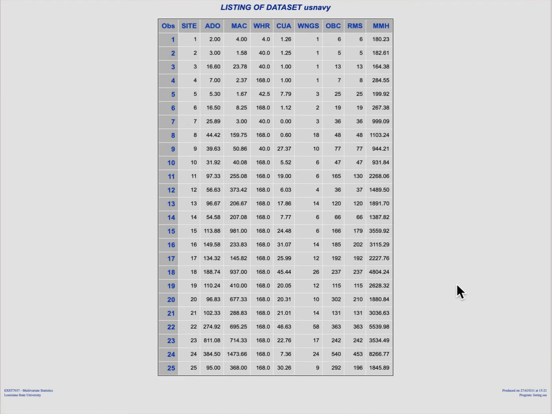Now, one thing I would point out is that these response variables all have different units. So this is a situation where it would probably be best for us to analyze the data after they've been standardized. Remember, when we standardize, that gets rid of the units, and so all of the variables are more comparable.